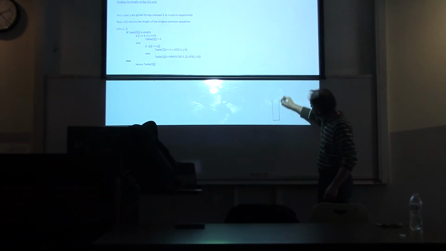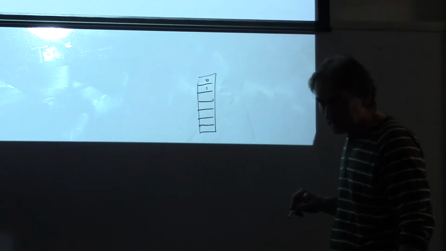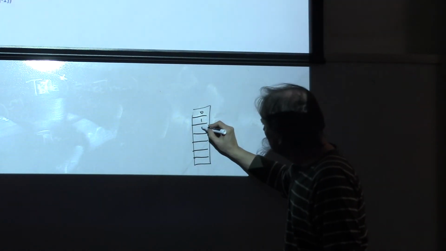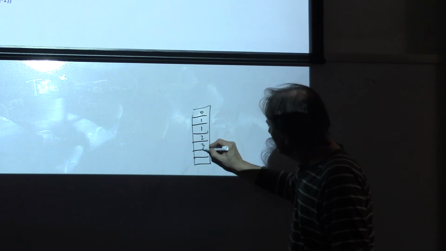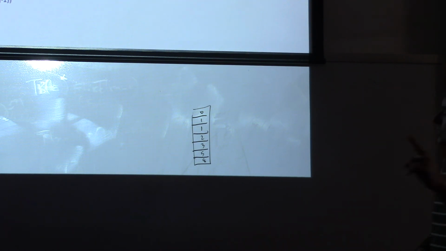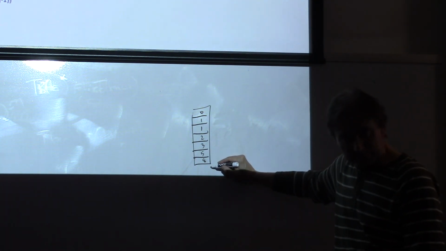Watch this very carefully. So let's draw this again. So we had 0, 1, right? 0, 1. And of course we went to 1, 2, 3, 5, and 8. Notice that we were recursing going this way.